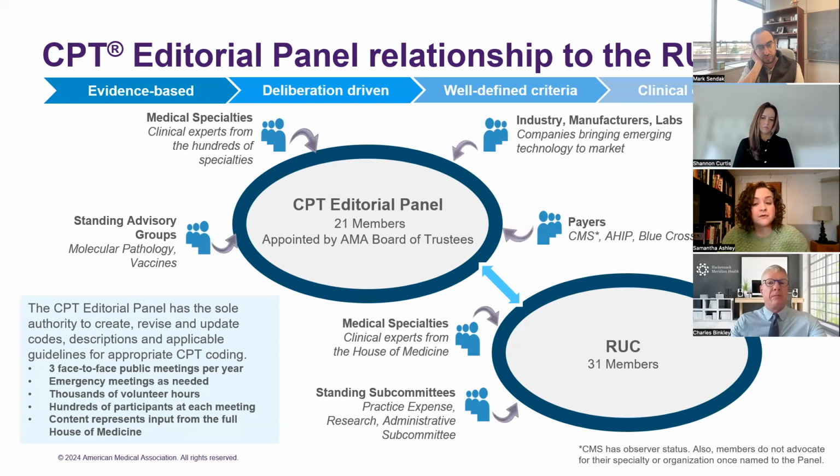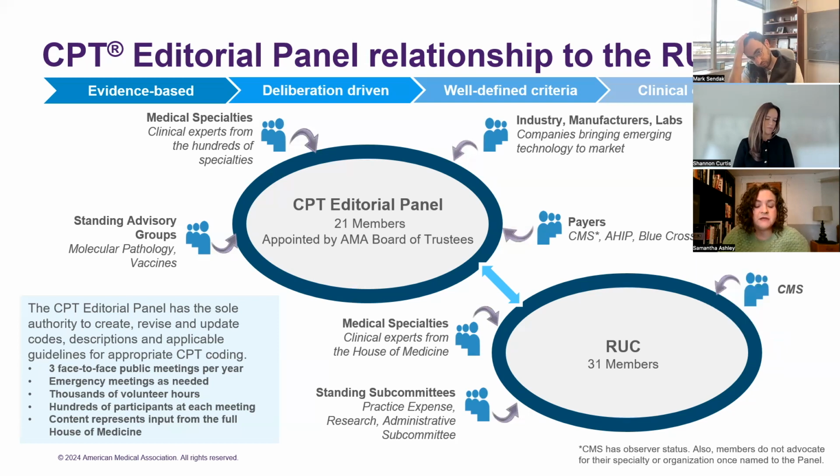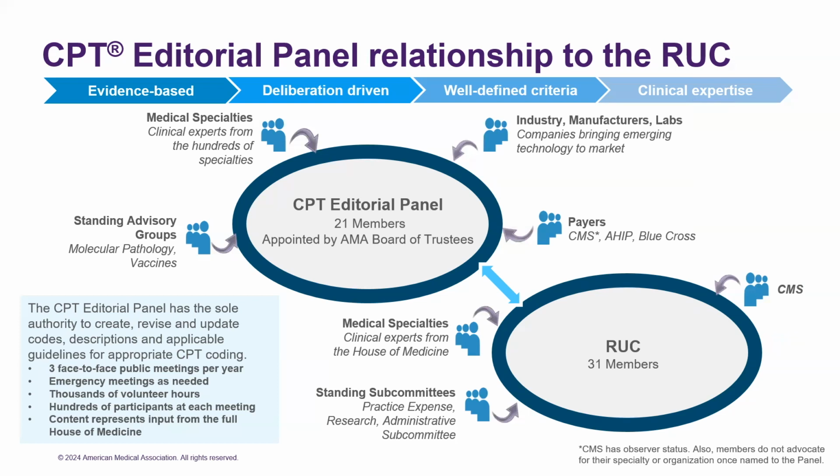The panel is composed of 21 members, and the panel maintains an open process and convenes meetings 3 times per year to solicit the direct input of practicing physicians, medical device manufacturers, developers of the latest diagnostic tests, and advisors from medical specialty societies. New and revised Category 1 codes that are approved by the CPT editorial panel are sent to the Resource-Based Relative Value Update Committee, known as the RUC.